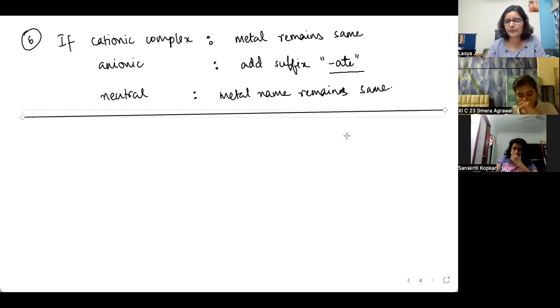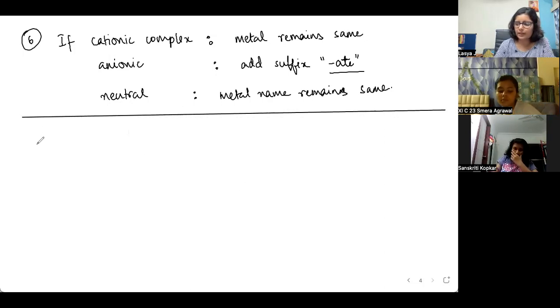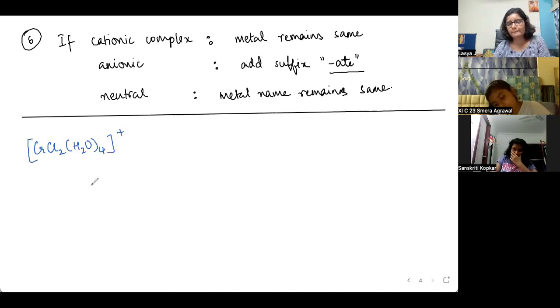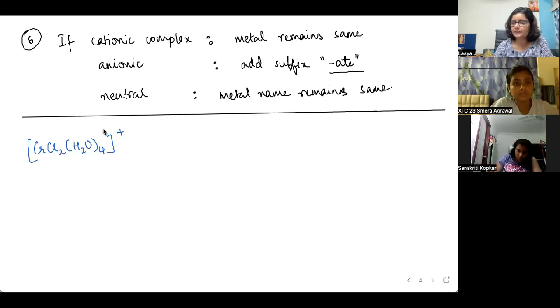These are the different rules with respect to nomenclature. I'll do a couple of them, one cationic and one anionic, for practice. After that, I'll give you a bunch of compounds to figure out on your own. The first one: suppose I have CrCl2(H2O)4 with a plus charge. By the rules, it's not a compound, it is simply a cationic complex.